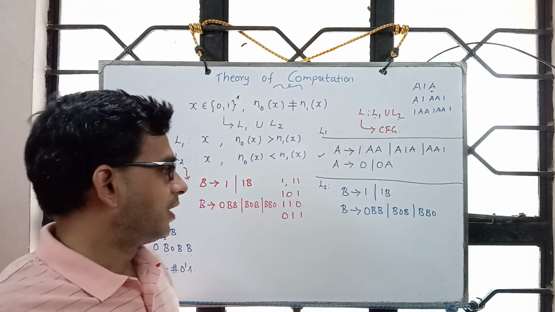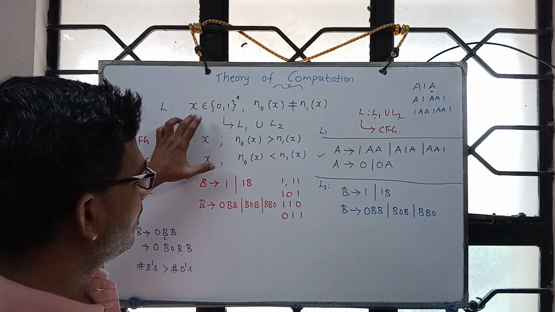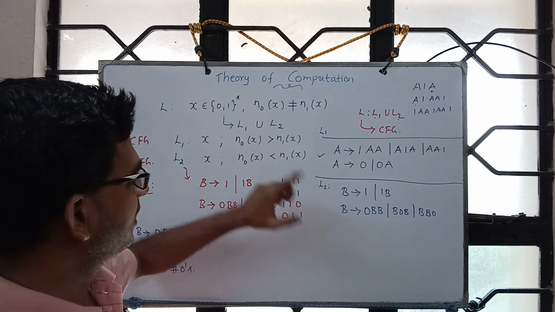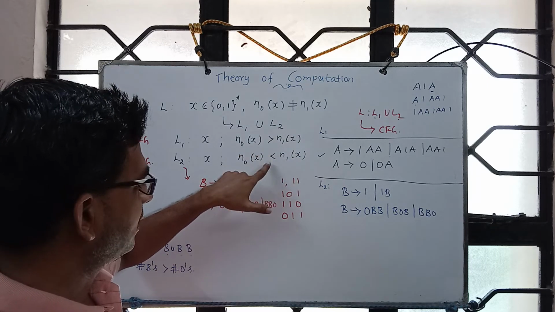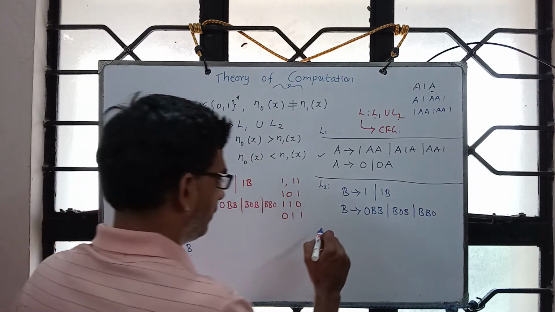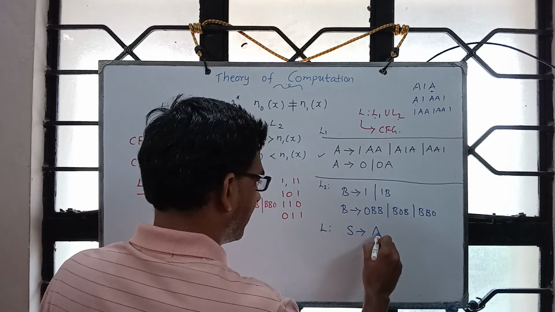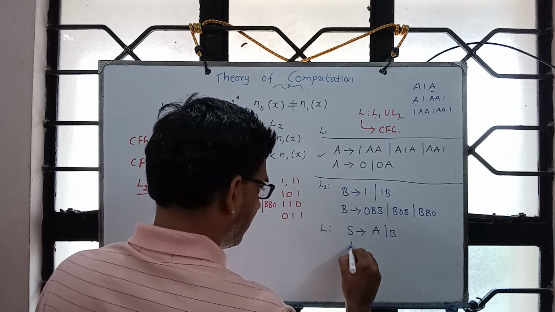Fine. Now an arbitrary string in L can come from this or this, because when it is not matching, it will either satisfy this condition or this condition. So how do we construct L? S implies A or B. Then you write whatever we have written.